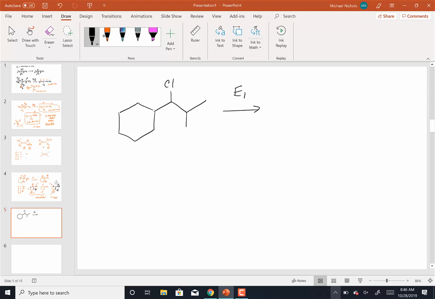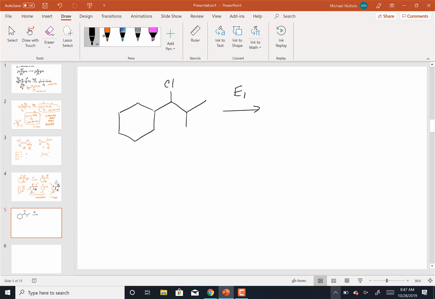So if you think about just, I want to write the final products, if I lose HCl that way from that beta carbon, remember I'm always forming a double bond between the alpha and the beta carbon, so that would be like product A. Or I could lose the HCl on this side, so what I've done is I've now formed the double bond between the alpha and the beta carbons, and there were 2 beta carbons, so therefore there's 2 possible products, A and B. Okay.